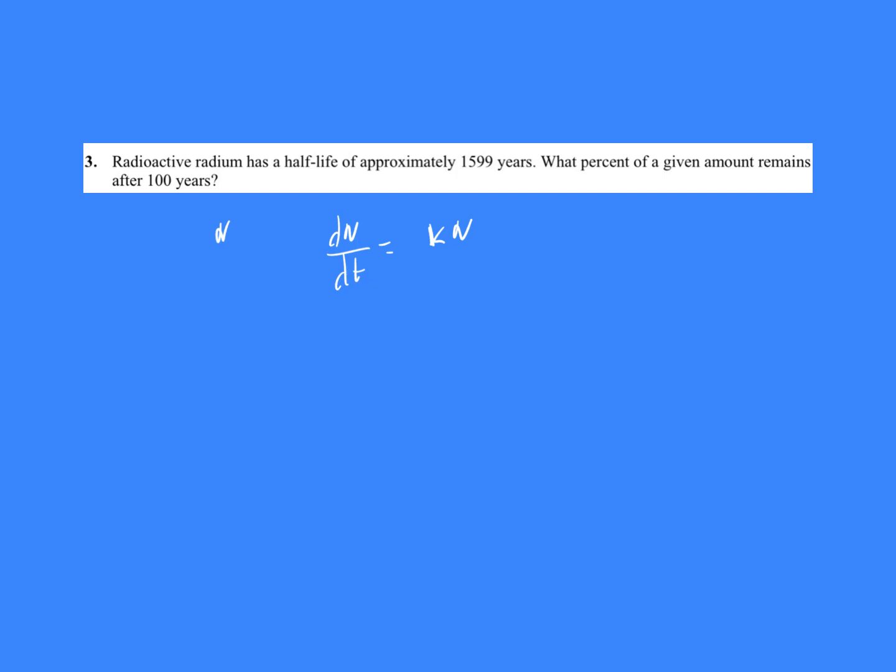And what we have found is that N of t follows the solution of this equation, which is C times e to the kt. In this case, the k is negative because the amount of substance starting at N0 is going to decrease.